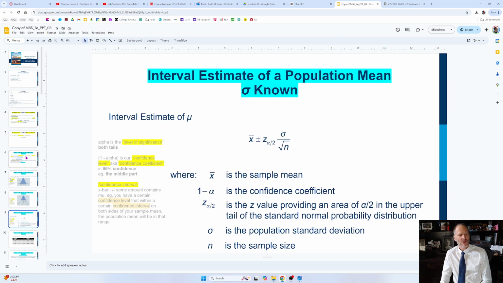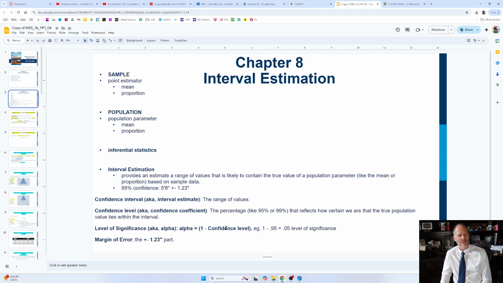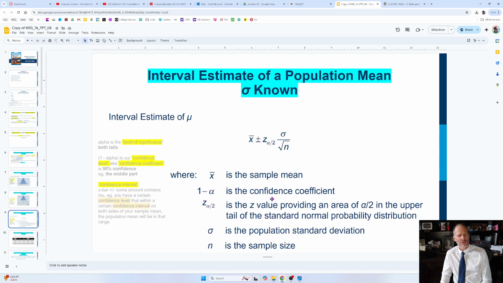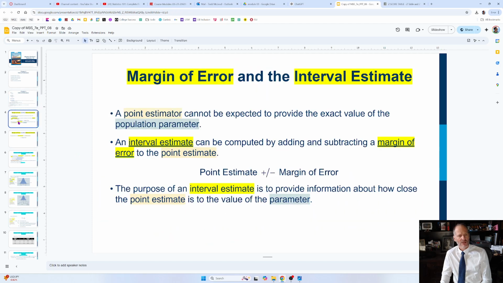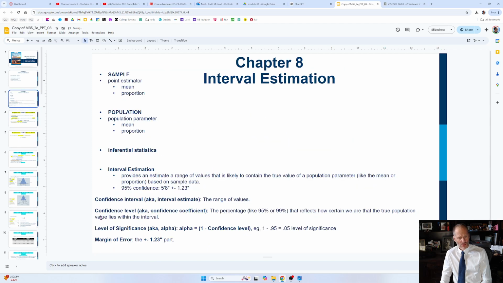Alpha is defined as the level of significance, right? 1 minus the confidence level gives us our level of significance. And 1 minus alpha gives us our confidence level. So if alpha is 0.05, 1 minus 0.05 is 0.95, which would be our confidence level, right?